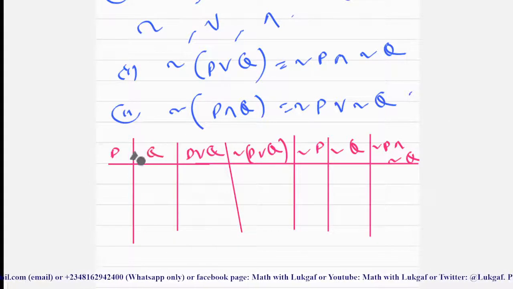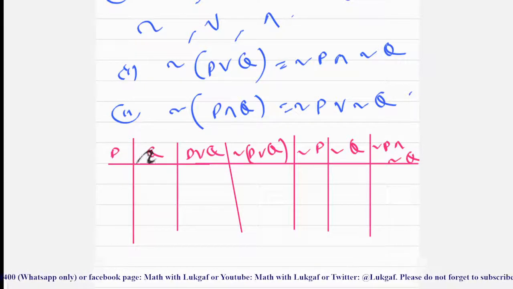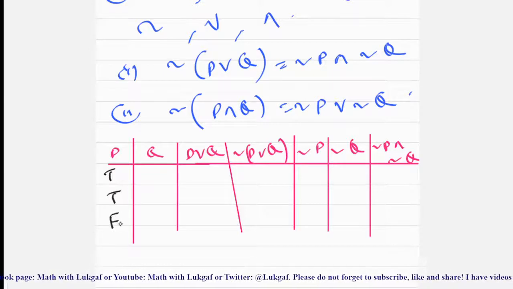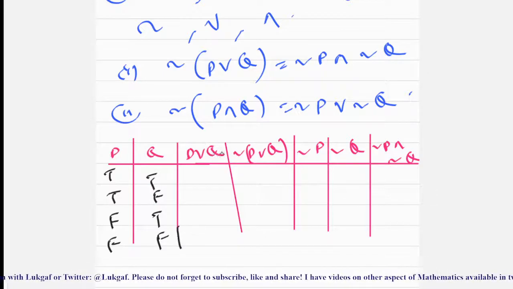Don't forget, since you have two statements, I'm going to have four possible truth values: true, true, false, false, true, false, true, false. So P or Q: the disjunction of two propositions is going to be true for all possible combinations except when they are both false.